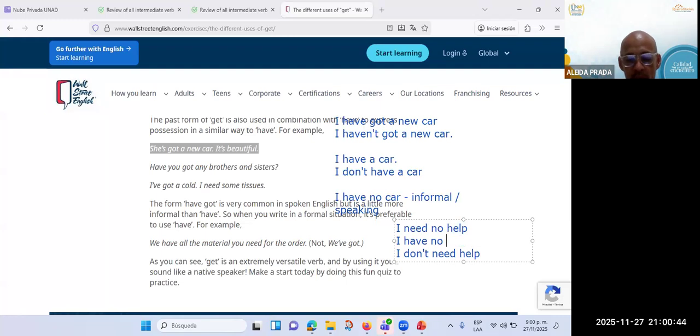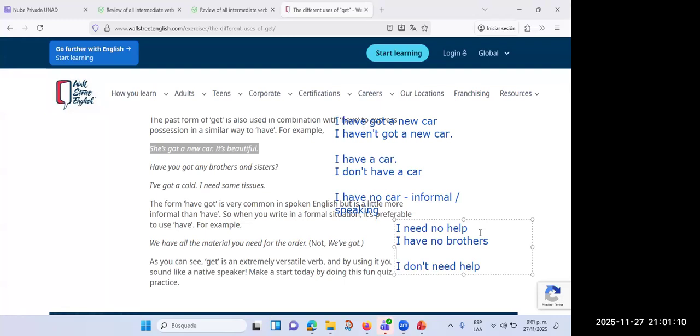I have no. Por ejemplo, I have no brothers. You can say that. Usted puede decir eso, I have no brothers. Pero cuando, como le digo, en un lenguaje informal, con los amigos, en forma oral, ¿ya? Pero cuando lo va a escribir, ya no es tan bien visto eso. But it's possible to find or to listen that expression, I have no car, I need no help, ¿ok?